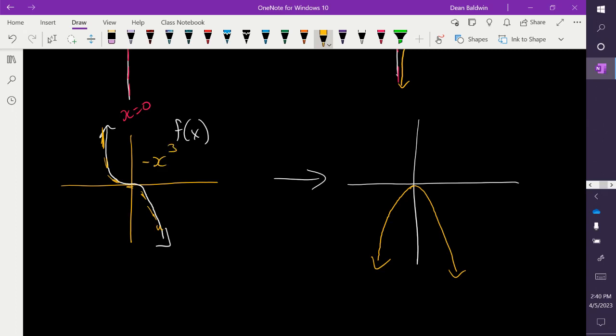Wouldn't that mean it has two maximums? Nope, because if you take the derivative of negative x cubed, what is it? Negative 3x squared, a parabola that opens down.